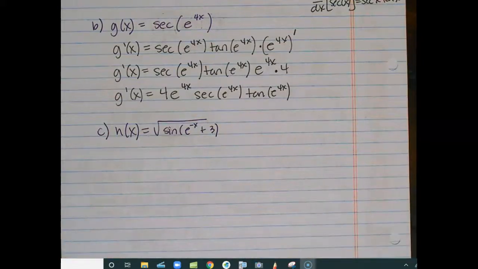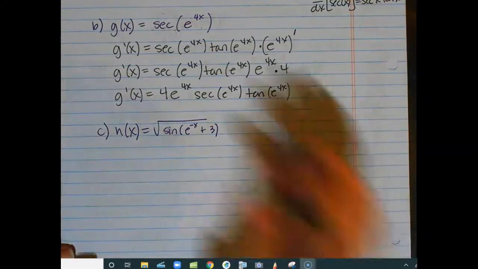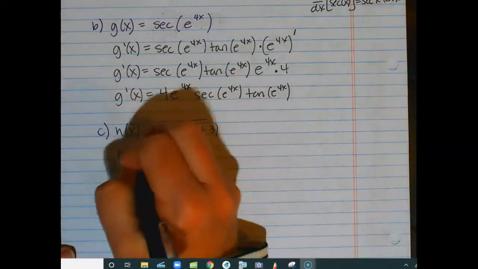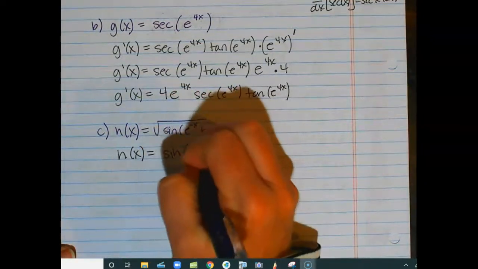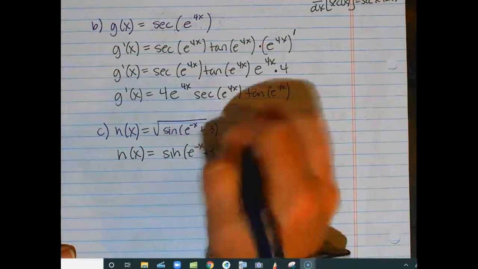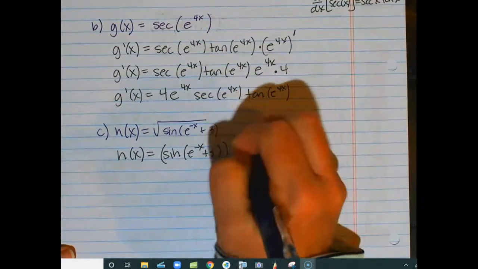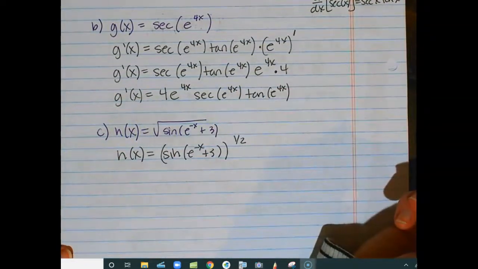So another 3-layered one. The outside function is the square root. Inside is sine, but sine has its own baby as well. So many of you will do better if you keep the sine of e to the negative x plus 3, but then you put the whole thing in as to that 1/2 power.